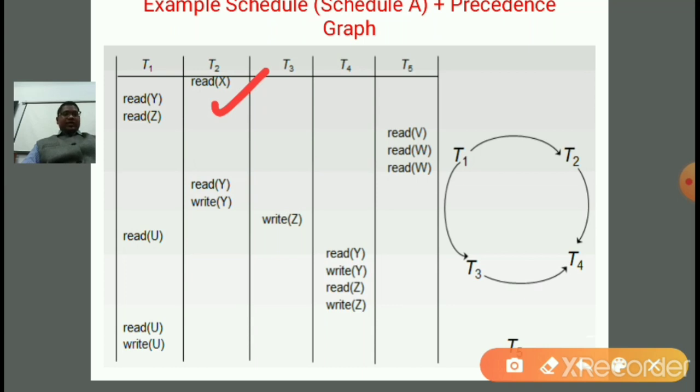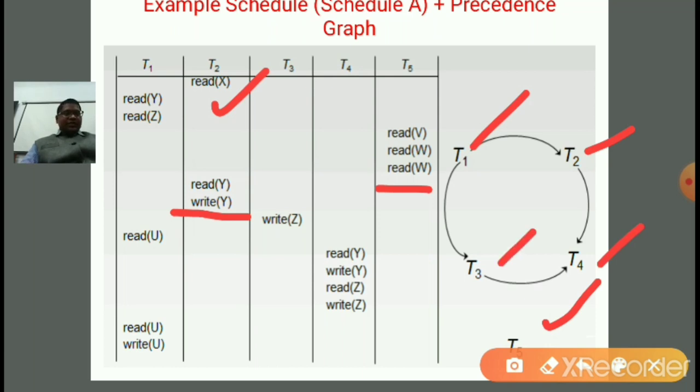If you see which transaction is completed first, T2 transaction is done. T5 transaction is independent, so there are four vertices corresponding to the transactions.